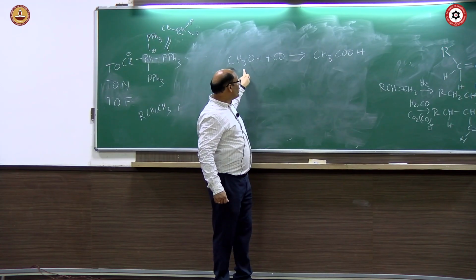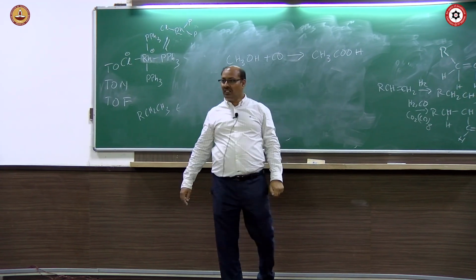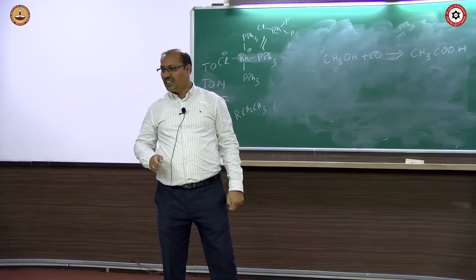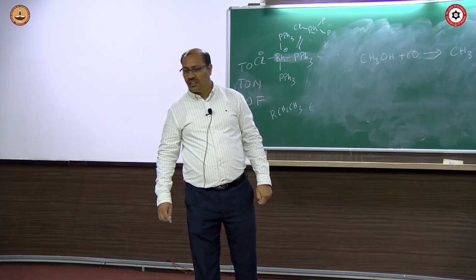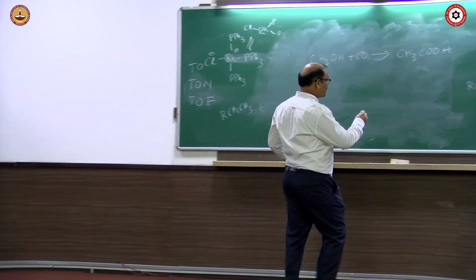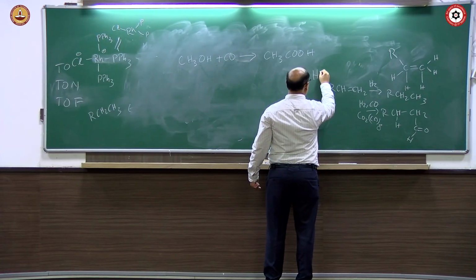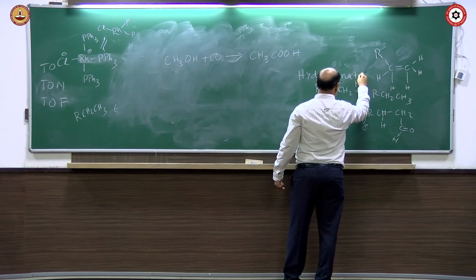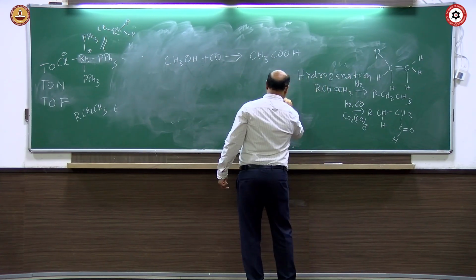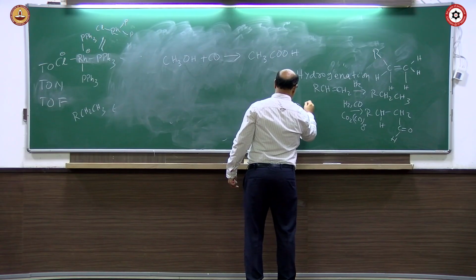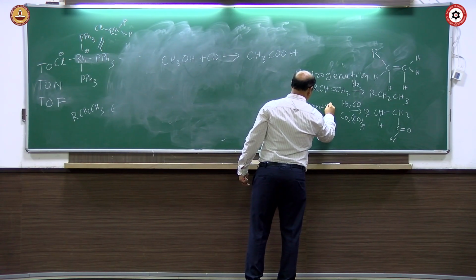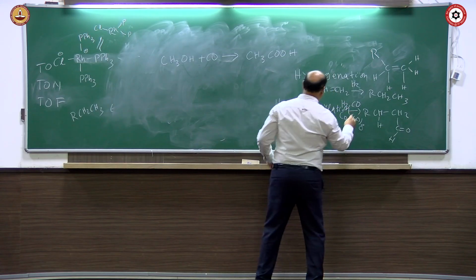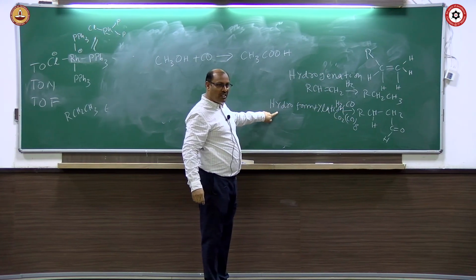This is called methanol and carbon monoxide reaction or acetic acid process or Monsanto acetic acid process. Okay. Hydrogenation, hydroformylation.